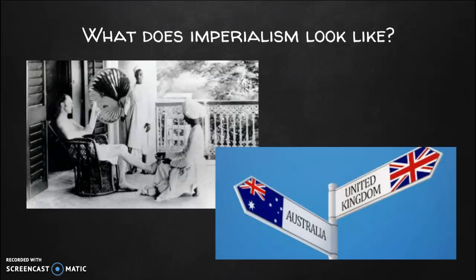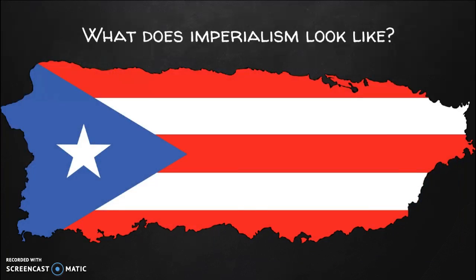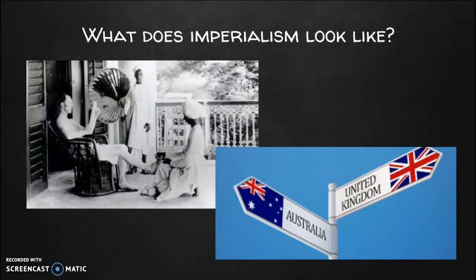Also, Somaliland was a French colony in East Africa. And here's another one. Britain controlled India and Australia. Now, those were under British control until Australia gained independence in 1901, and India didn't gain their independence until 1947. It's really not all that long ago.